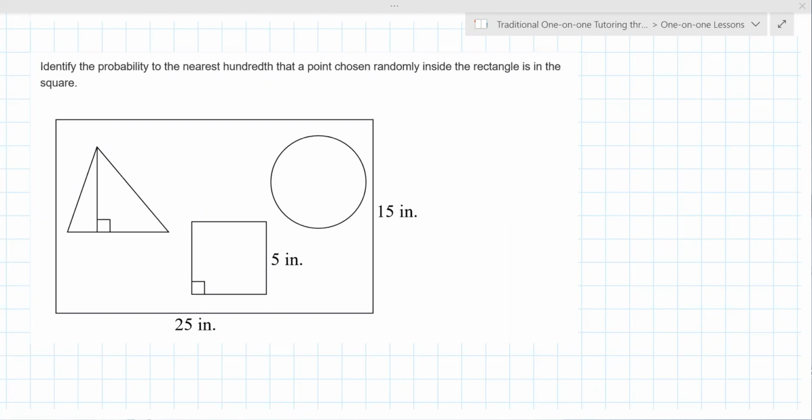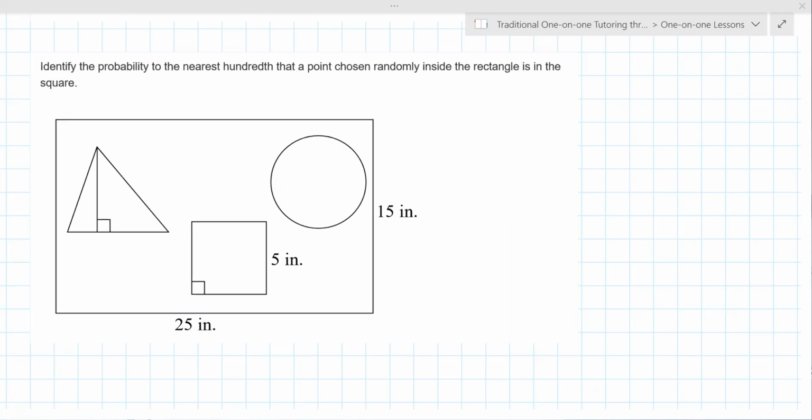I get point zero, I mean, 0.06. Okay. Let me go check there. That works.